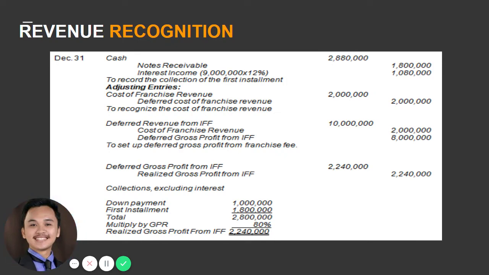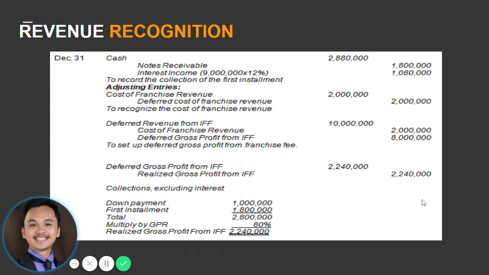Okay, so in this case, we have the down payment of 1 million and our first installment of 1.8 million. So we have a total cash collection applicable to our principal of 2.8 million times the gross profit rate of 80%. Now, where did we get the 80%, guys? We got it from your total gross profit of 8 million. Right? We have total revenue, total franchise fees of 10 million minus 2 million direct franchise cost. So therefore, your gross profit is 8 million.